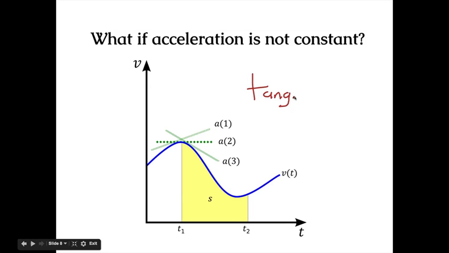Now a tangent is something that you just have to guess what it might be. You have to take a point somewhere on your line, and it has to be a straight line that touches this point but nowhere else on your graph.